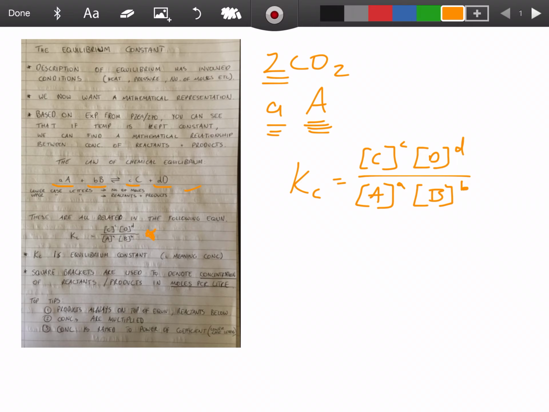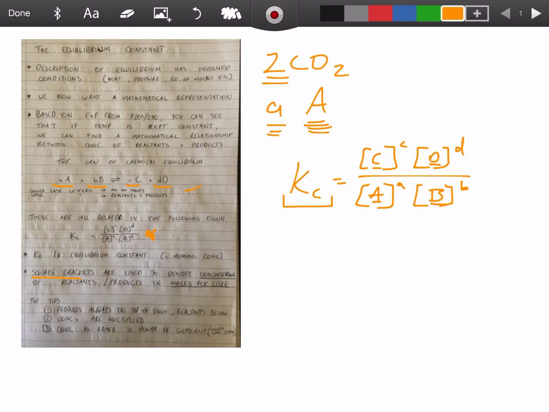But just a little bit of info then about what's happening in that equation. We can see the Kc is the equilibrium constant. Okay, so the K represents the equilibrium constant, and C is concentration. So we're talking about a specific concentration based around what a calculation question will ask us, because we have specific concentrations of these things based around what's happening here. Okay, so you can see square brackets, as I mentioned.